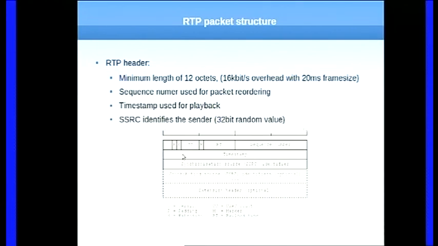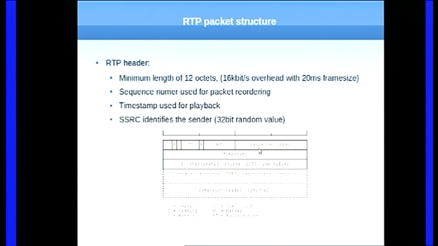Then you have some indicators like if there is any padding applied to the packet, and what type of payload the packet contains. That is usually defined by different profiles of RTP. The main profile that is used is the audio-video profile, AVP, or the secure audio-video profile when you're using secure RTP. Then we get to the interesting stuff.